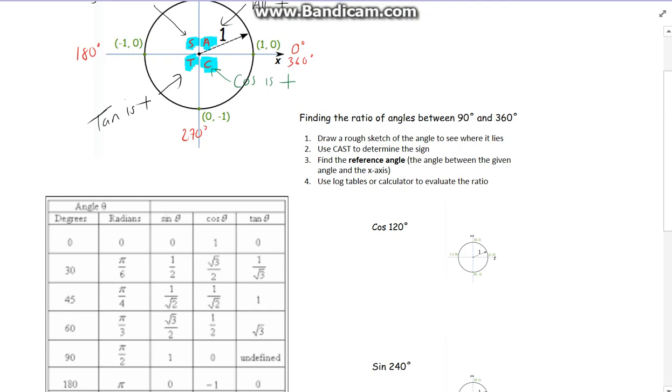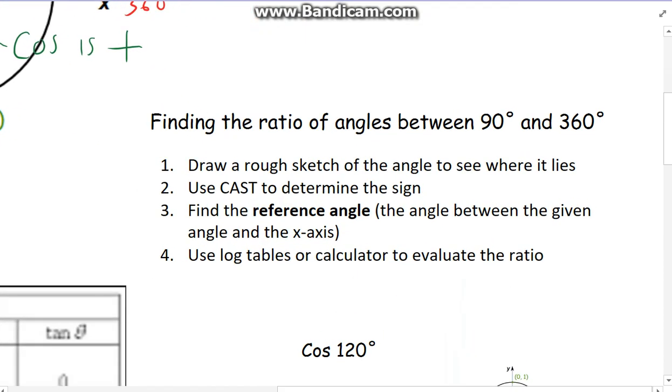So we have 4 steps to do so. The first thing they'd advise that you do is draw a rough sketch of the angle and see exactly where it lies. So in order to do so, you're going to have to draw your unit circle. Say they give the angle 170 degrees.